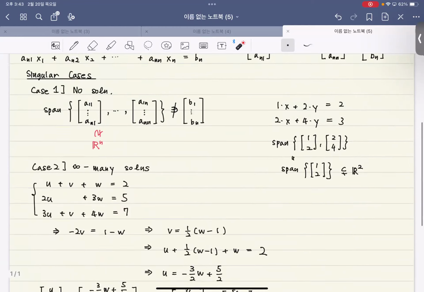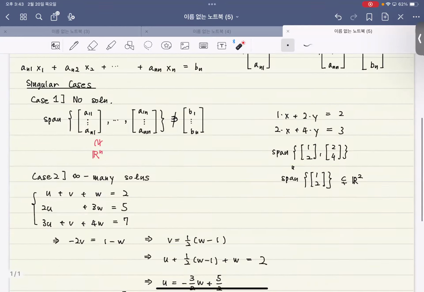So this last number is the only difference. So that means just try to imagine the span of columns generated by 1, 2, 3, 1, 0, 1, 1, 3, 4. Is it R3? No, it has to be less than R3, right?